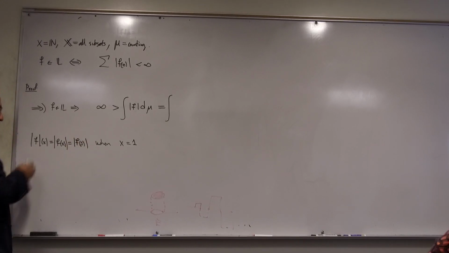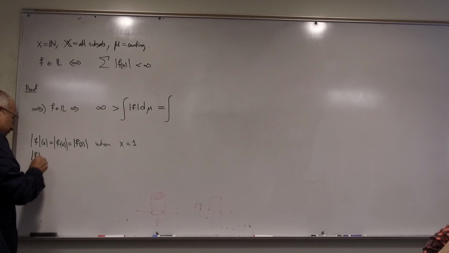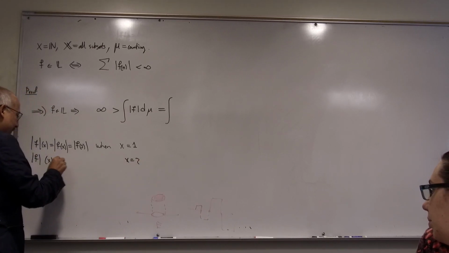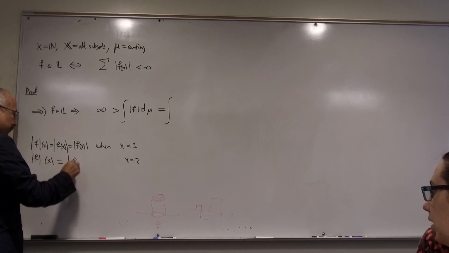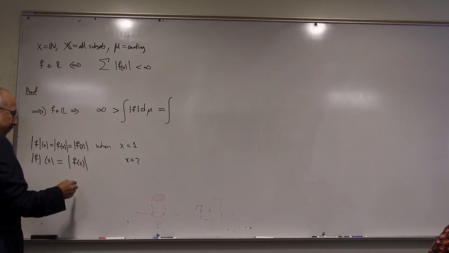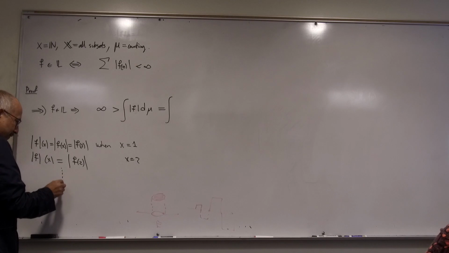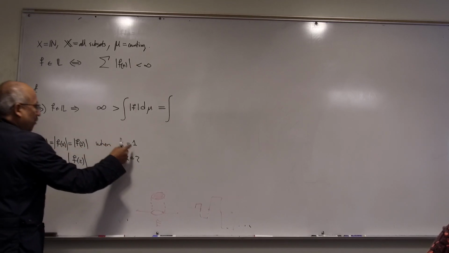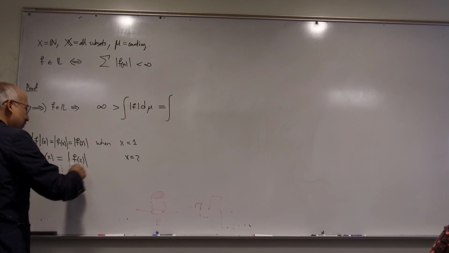Now what is the value of the same function when x equals 2? Absolute value of f of 2, right? So I know the function. It has this value when x equals 1. It has this value when x equals 2.